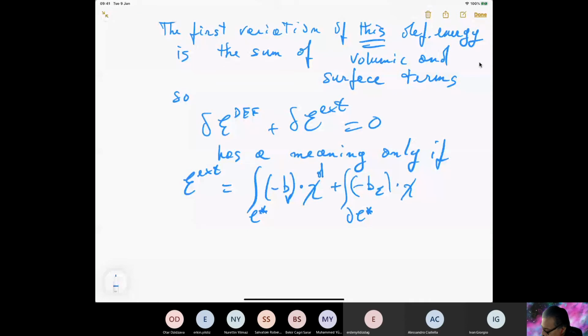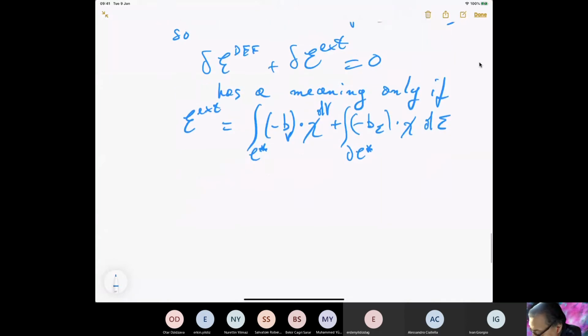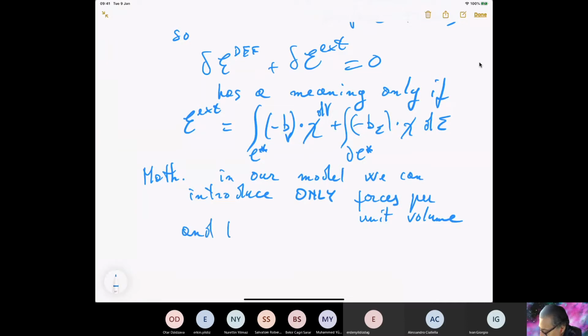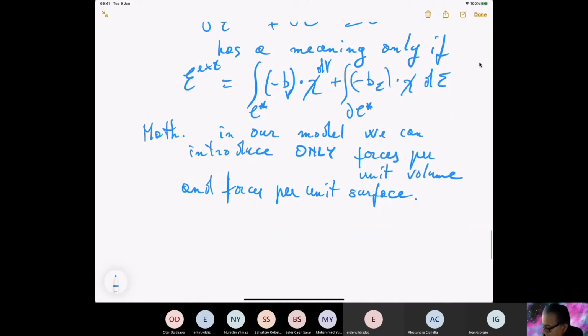So this is a volumic integral and this is a surface integral. So mathematically, in our model, we can introduce only forces per unit volume and forces per unit surface.